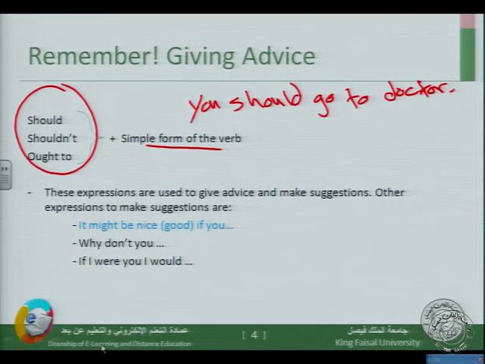These expressions are also used to make suggestions. To suggest means يقترح. Other expressions to make suggestions are like: it might be nice or good if you, for example, pay her ticket.